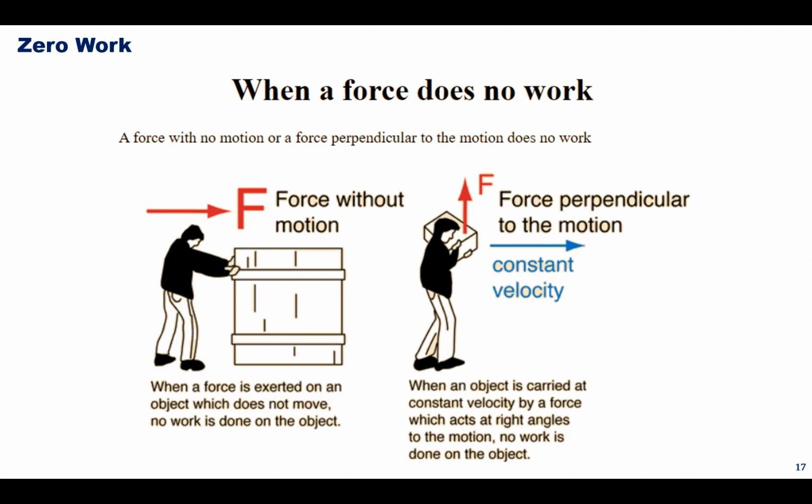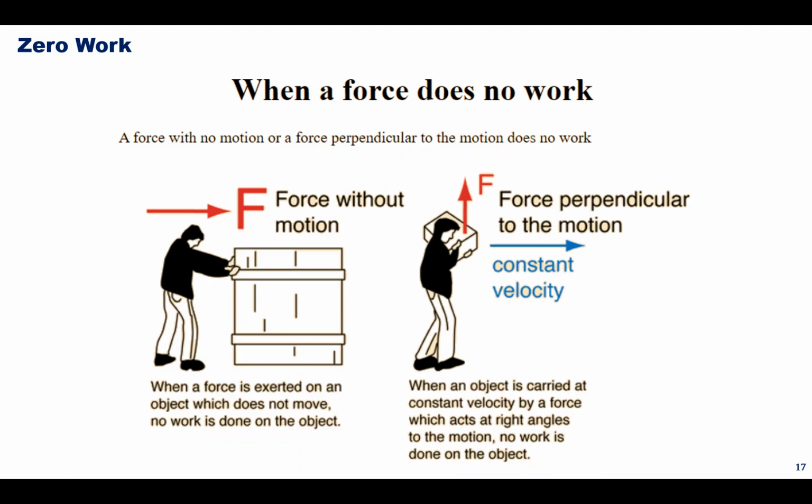Have you ever tried to twist the lid off a jar, but the lid was stuck? Regardless of how much force you exert on the lid, you do 0 work unless the lid moves. The work on the object is 0 when any of the force, displacement, or the cosine of the angle between the force and the displacement is 0.